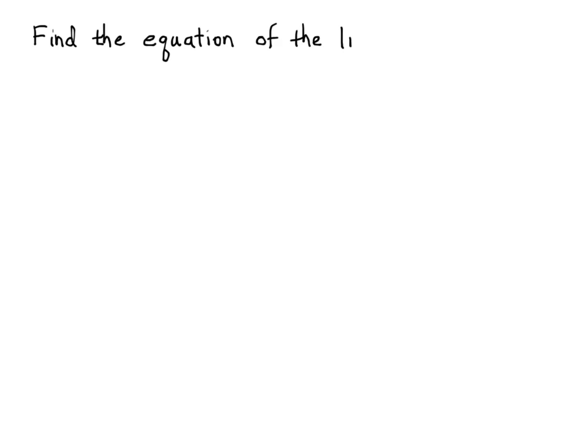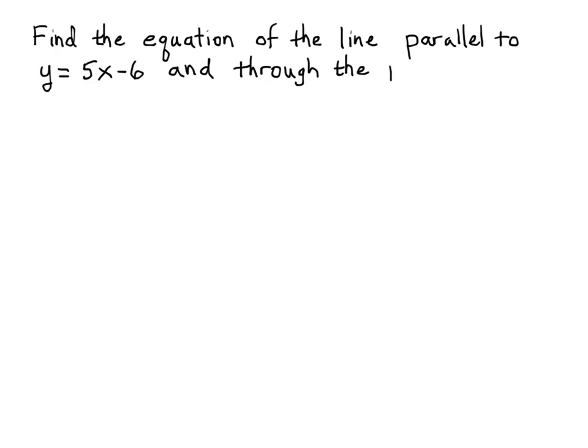Okay, so let's extend this a little bit with the original definitions that I had with parallel and perpendicular lines to calculate some other lines. So here we have a line that's y equals 5x minus 6, and we want to get it through the point 1, 7. This one actually goes pretty fast.